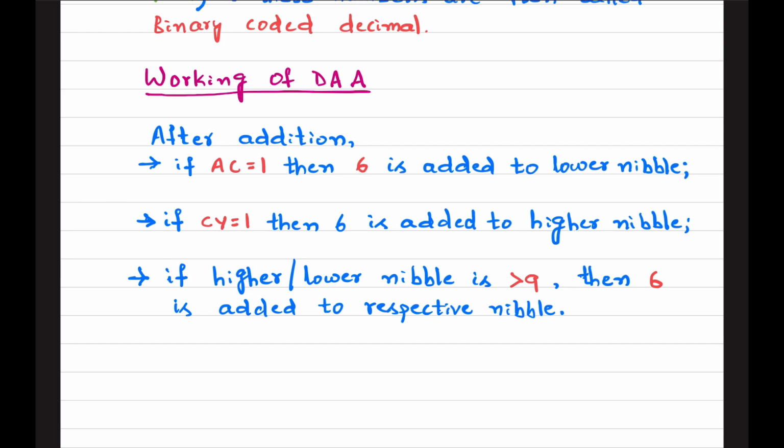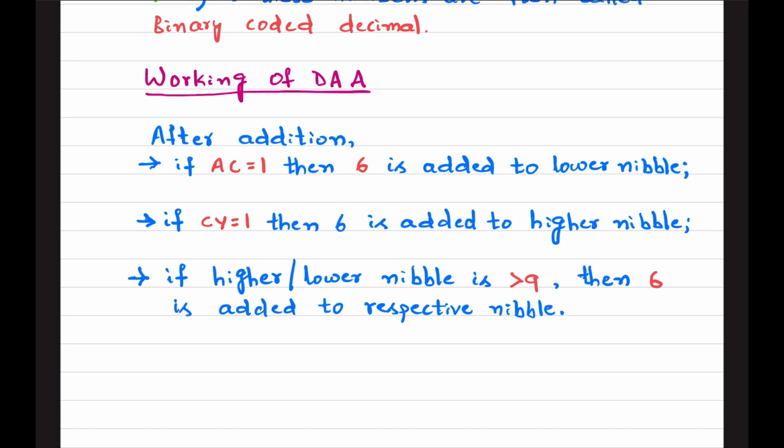Let us get into the working of the DAA instruction. As we know, it is applicable after the addition instruction only. After addition, if the auxiliary carry flag is equal to 1, then 6 is added to the lower nibble of the value. Or if the carry flag is equal to 1, then 6 is added to the higher nibble.